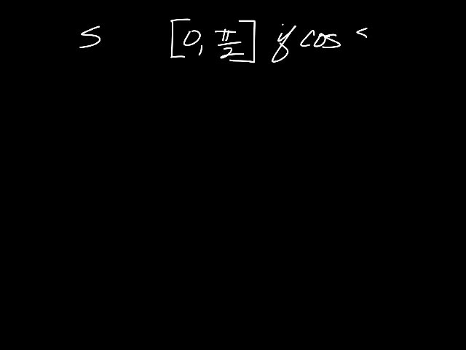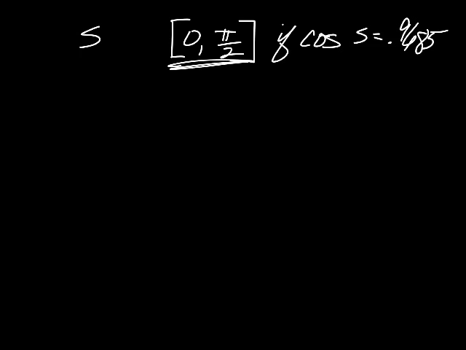Alright, so example 4 says finding a number given its circular function value. So we're trying to find the value of s in the interval 0, pi over 2 if cosine of s is 0.9685.